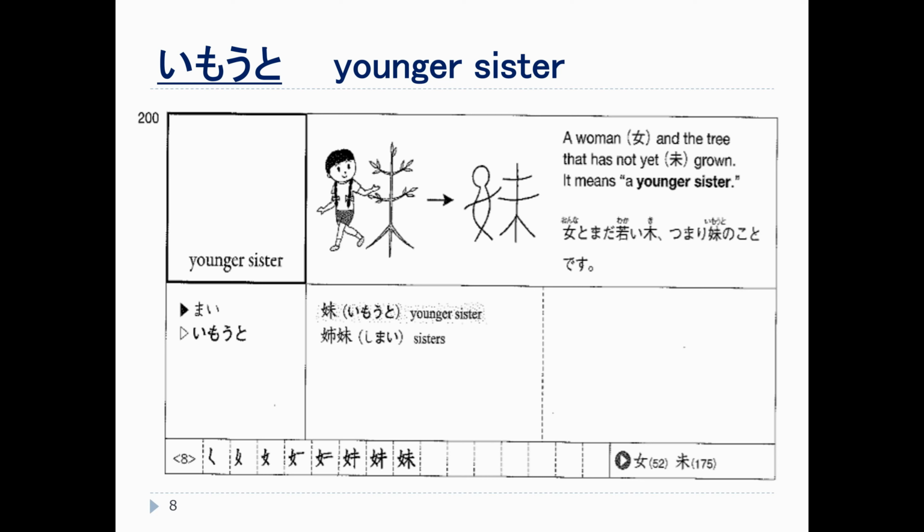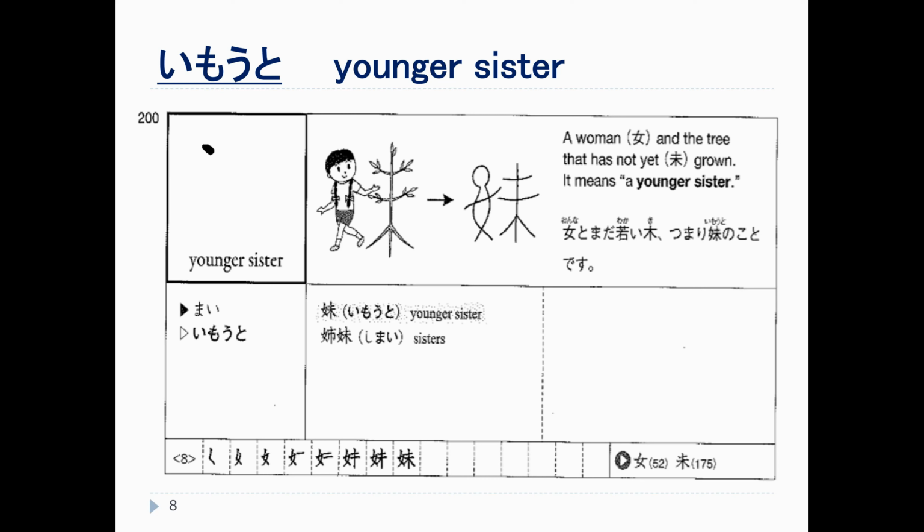So we have 1, 2, 3, 4, the short one, 5, the long one, 6, 7, 8.